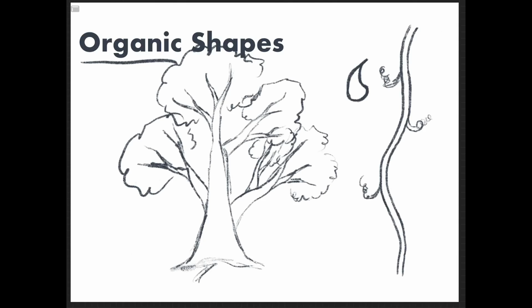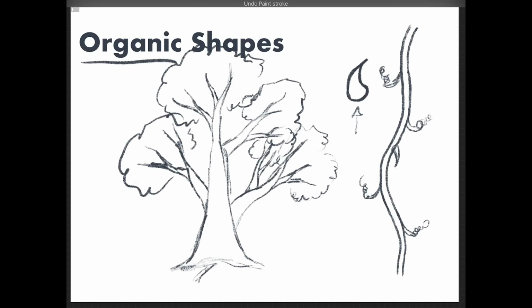They climb up trees, they climb up houses, they climb up rocks, and they do that with these little tendrily wrap-around curlicue kind of branches. And some kinds of vines also have thorns on them, so we could go back to our horn/thorn shape and copy it onto our vine.